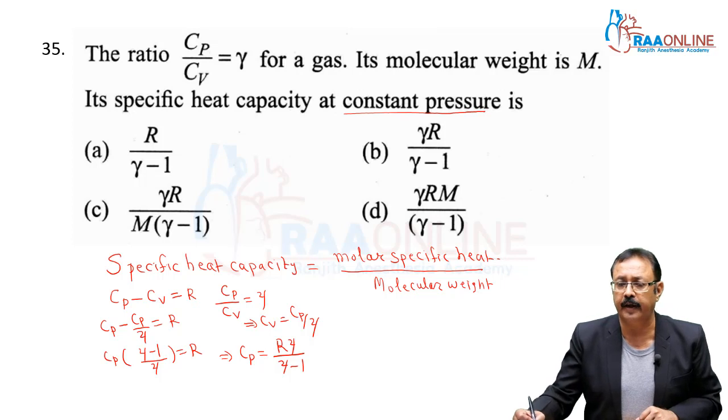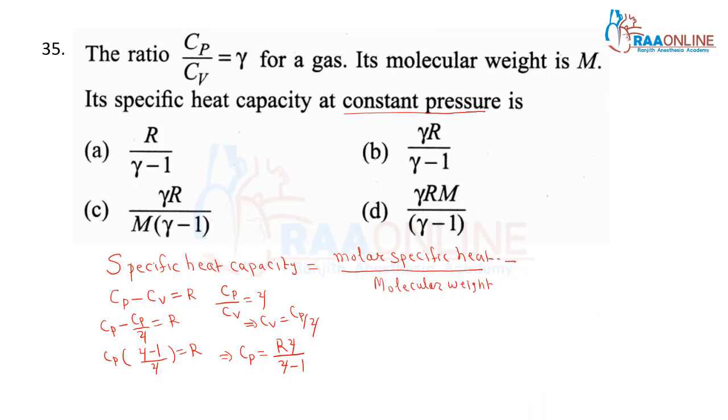So now we are capable for this calculation. Cp is R gamma upon gamma minus 1. Divide this by molecular weight. So what we are getting? Gamma R upon (gamma minus 1) into m. So we are going with option C.